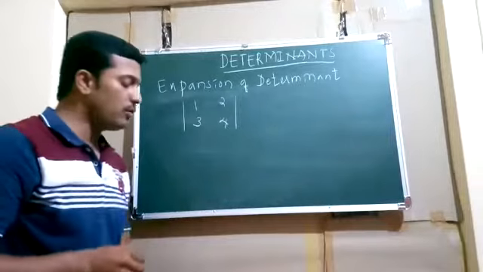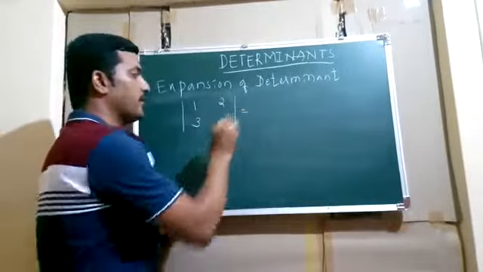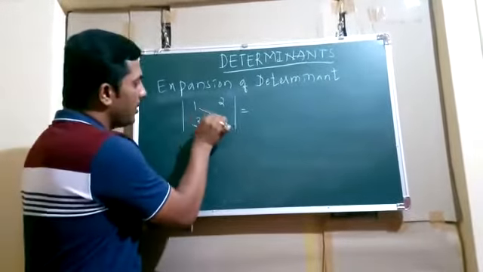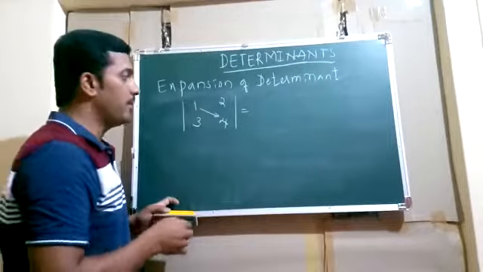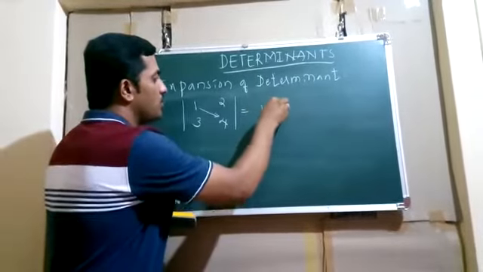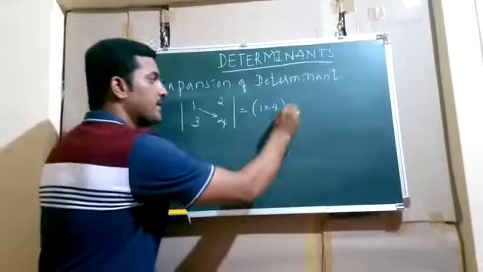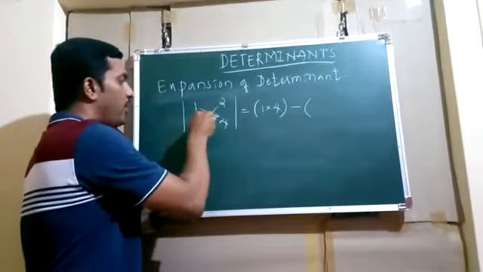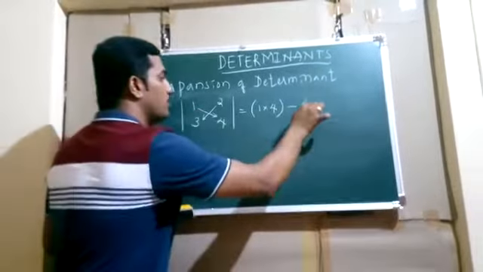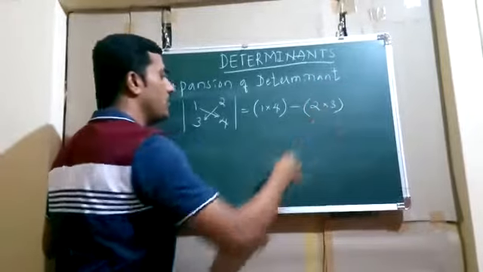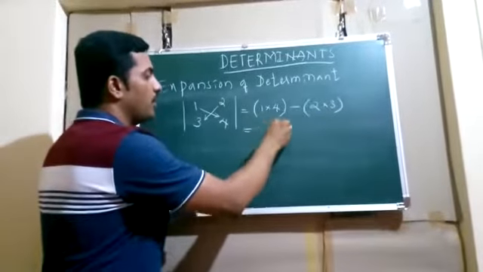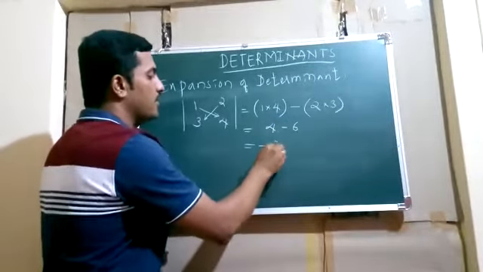Multiply the diagonal elements, that is 1 into 4. Subtract the non-diagonal elements, that is 2 into 3. The answer is 4 minus 6, so the answer is minus 2. When you simplify this, you will get minus 2 as the first answer.